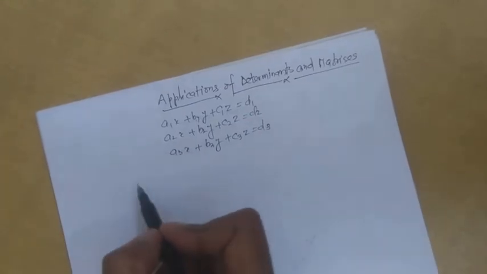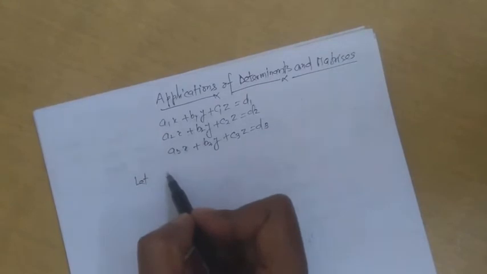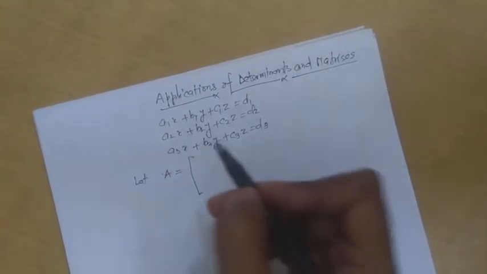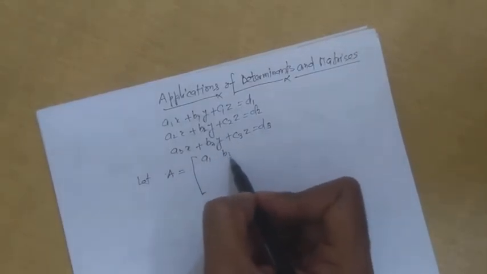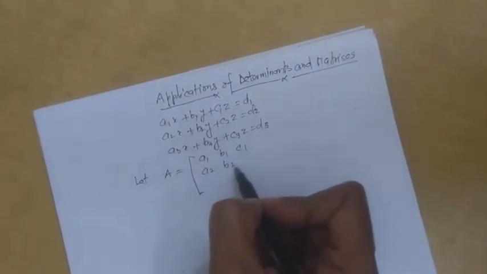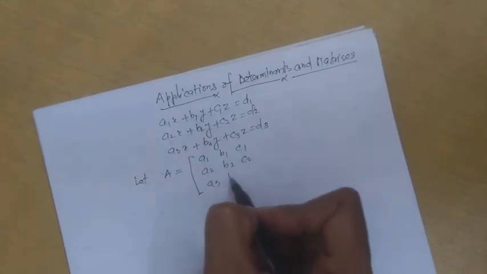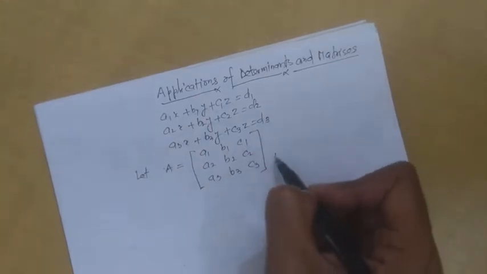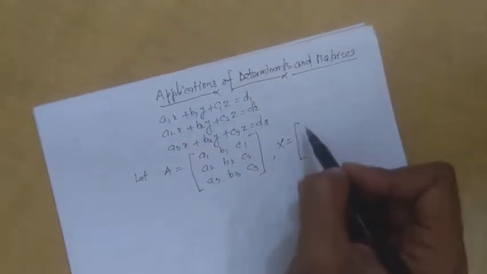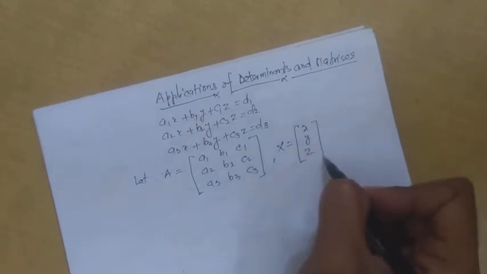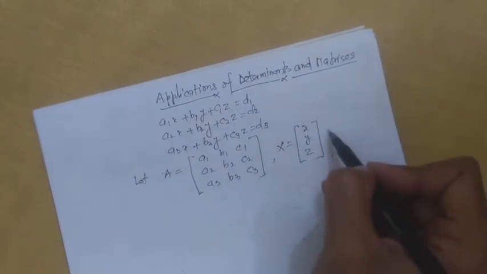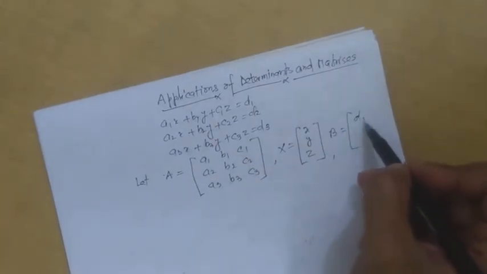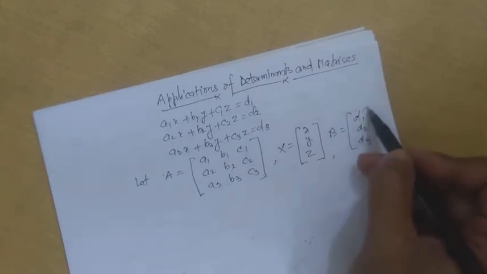Then we can let A be the matrix of coefficients a1, b1, c1, a2, b2, c2, a3, b3 and c3, and X be the matrix of all variables x, y and z, and B be the right hand side d1, d2 and d3.